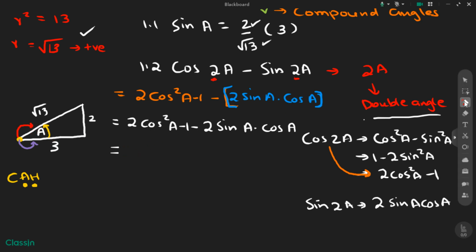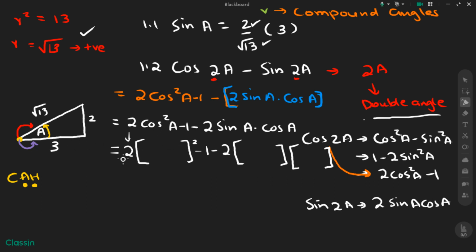Now, when I write my solution, I change these globally: 2 bracket cos a, squared, minus 1, minus 2 bracket sine a, bracket, cos a, another bracket. Then we replace each ratio with its value. So what is cos squared a?